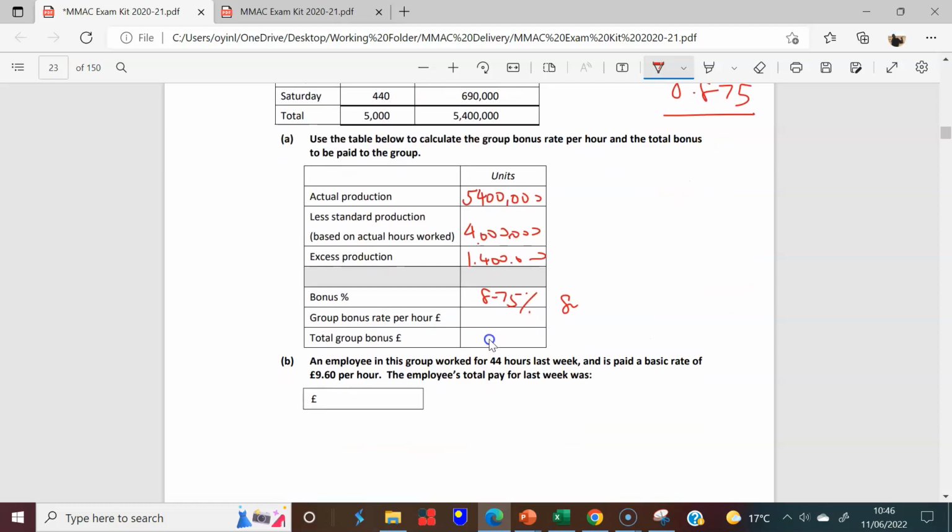And then you multiply the 0.875 by the total number of hours, because this is per hour and you're getting a bonus based on all the hours being done, which is 5,000 times 0.875. 5,000 times 0.875 is equal to 4,375.